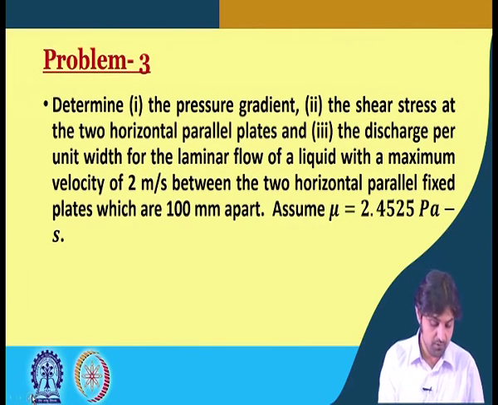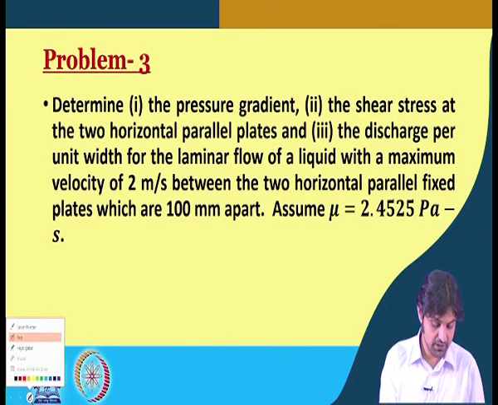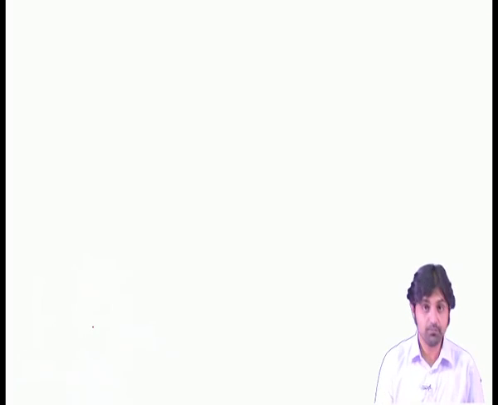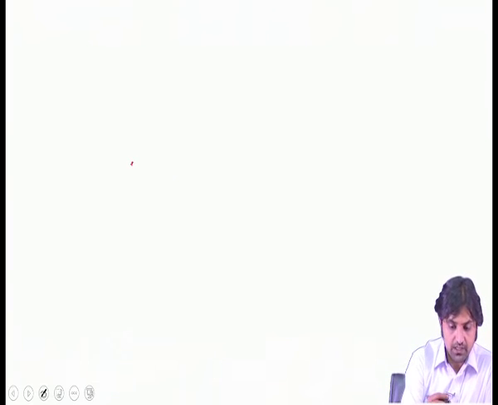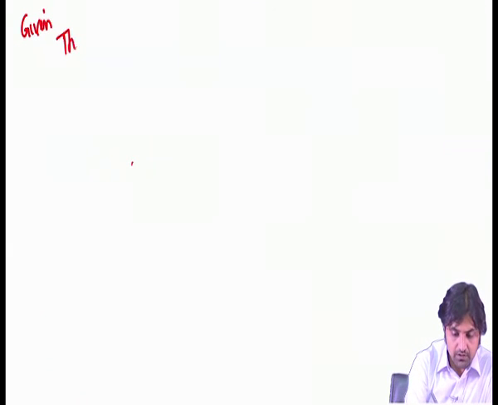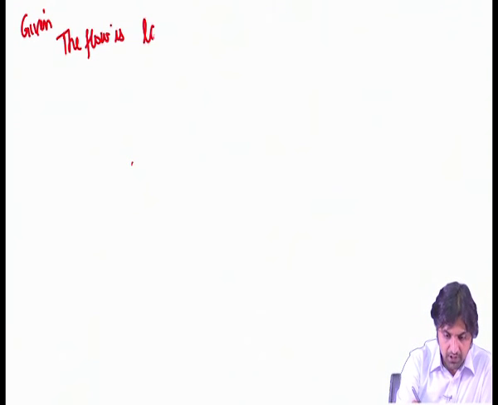To solve any problem, what we do is we first write the things that we know from before. So, I will just start writing down. First we write out the things that are given. Given is the flow is laminar.